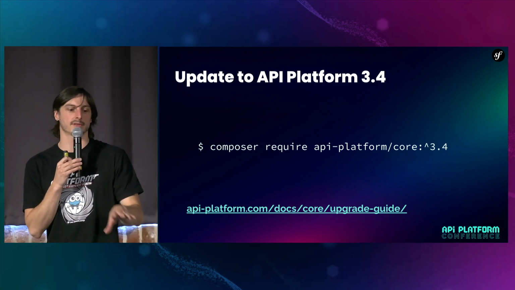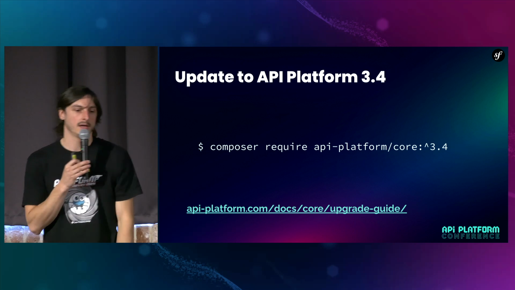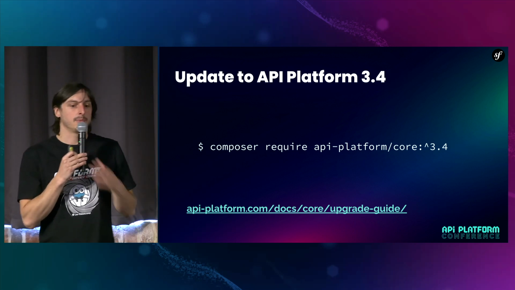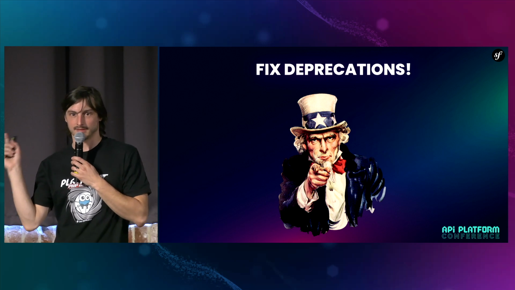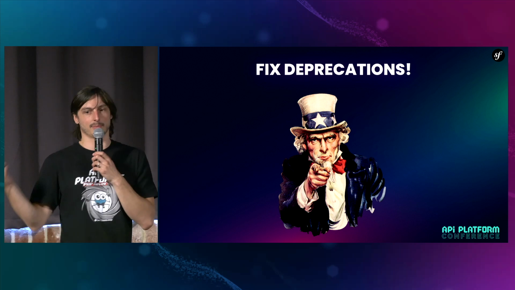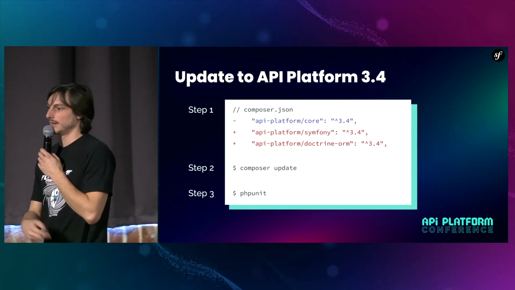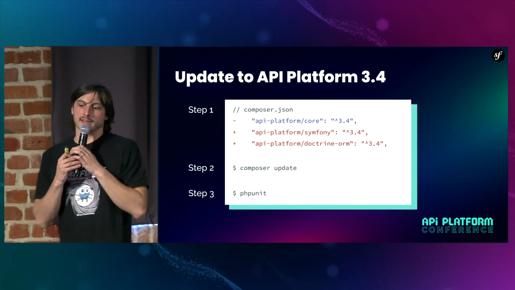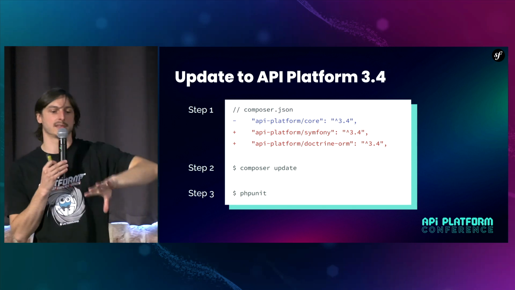This is really the first step. I detailed everything in my upgrade guide. This is important because it will show you deprecations. You need to fix them. Really, don't upgrade if you didn't fix your deprecations. There is no point. After that, you can finally remove the core dependency and instead pick your components.